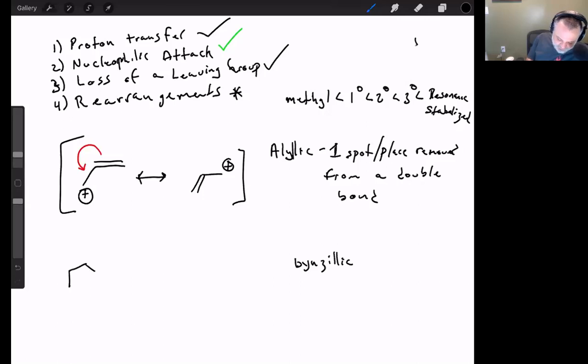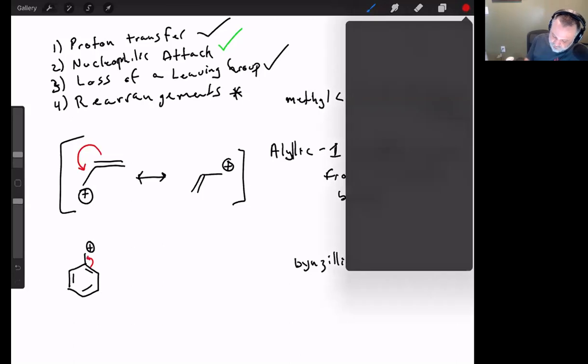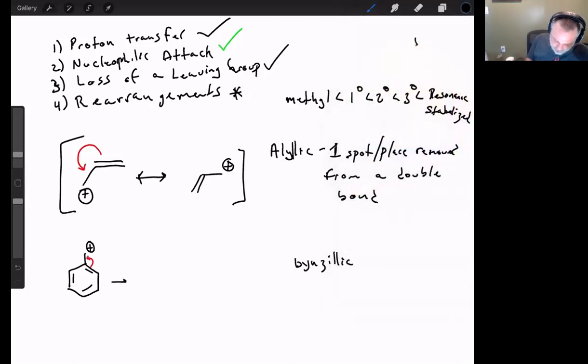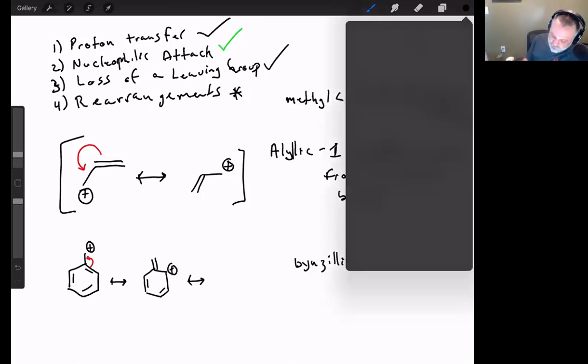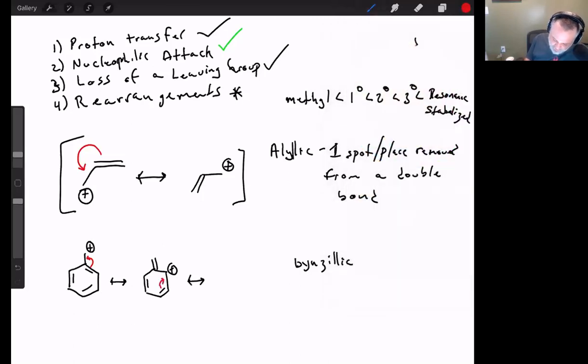Benzylic cation is essentially the same situation as an allylic, but it involves being one space removed in a benzene ring. In this particular example, I can show that the positive charge, although it appears as if it's outside the ring, can also be delocalized into the ring. And if you notice with a benzylic cation, there are several different structures.